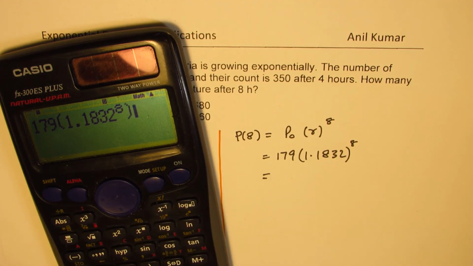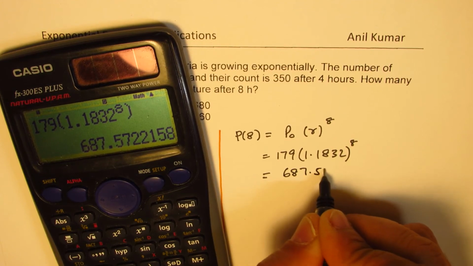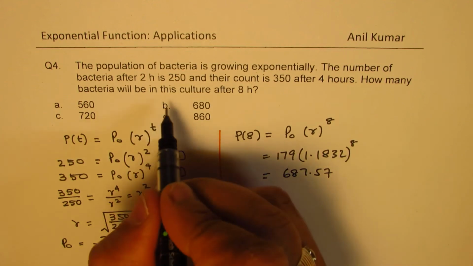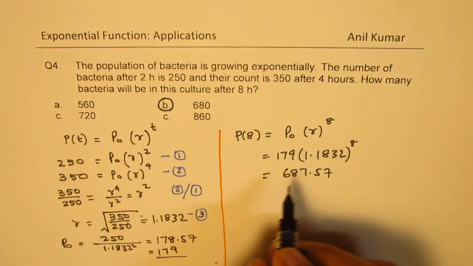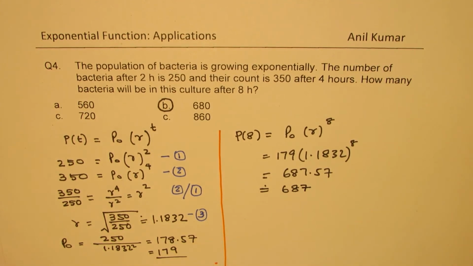Right, so that's the answer, which is equal to 687.57. So the closest is 680. So we can round this to 687, right?